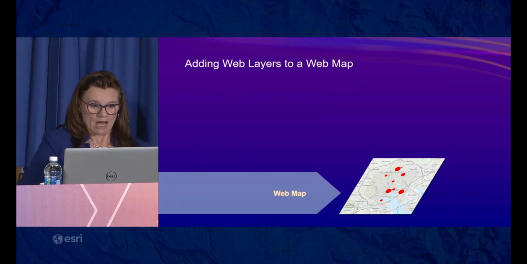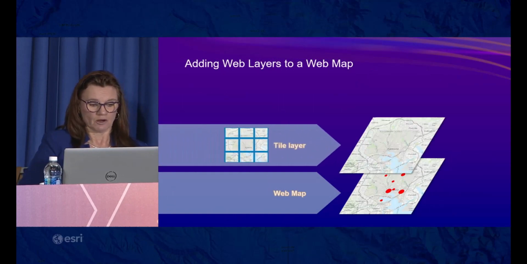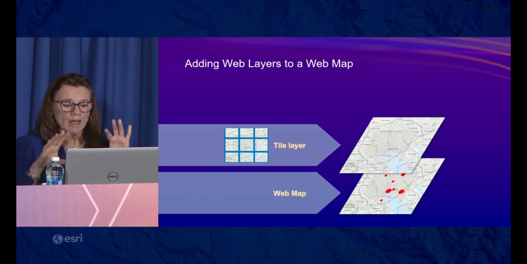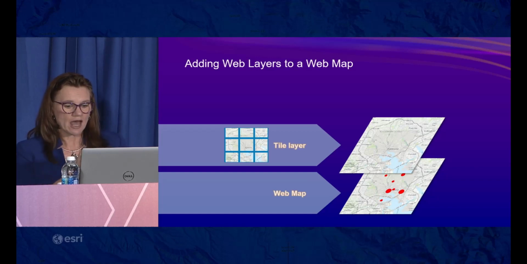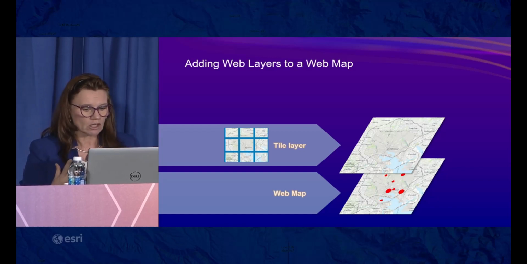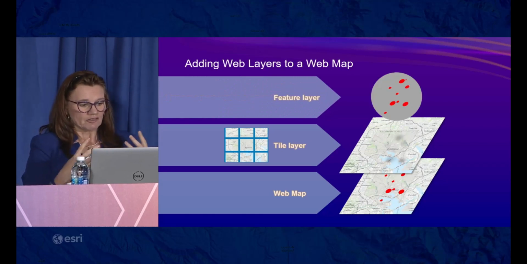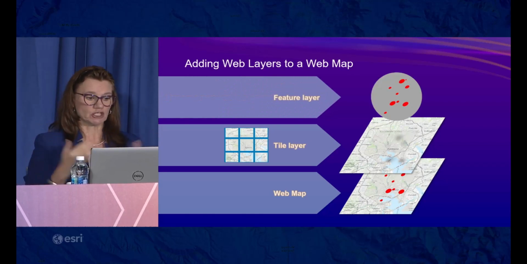So a web map is base map, operational layers. Actually, there are different kinds of web layers that make our web map. If we look at the slide here, there are tile layers and feature layers. Tile layers are cached.